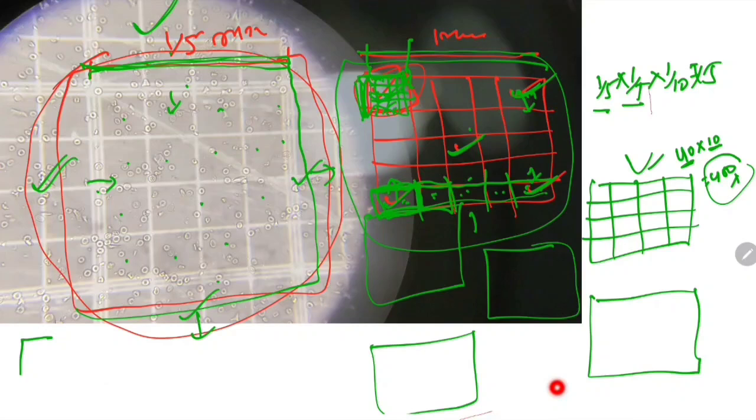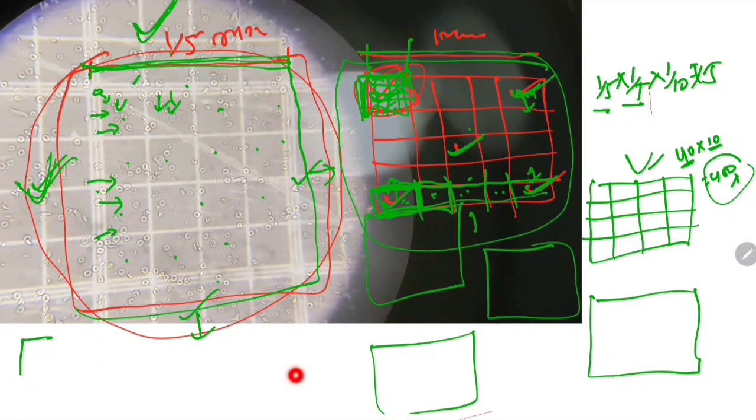So considering the central or middle line, the reference line, any cell touching the left and upper border of this central line, suppose this cell will go inside, this cell will go inside, this cell will go inside, this cell will go outside, because this is already not touching, but this cell is touching the middle line. So any cell touching the middle line from any side, from outside or inside, it will go inside.